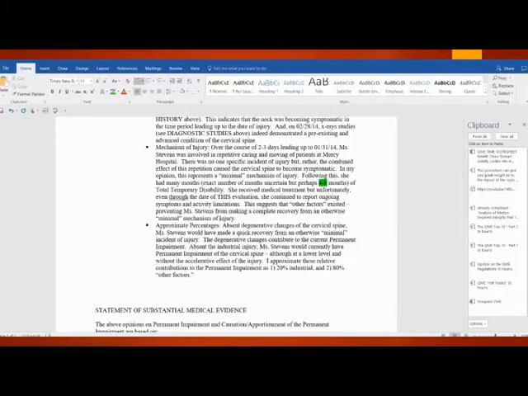Absent the industrial injury, Mrs. Stevens would currently have permanent impairment of the cervical spine, although at a lower level and without the accelerative effect of the injury. I approximate these relative contributions to the permanent impairment as 20% industrial and 80% other factors. And I can state this within reasonable medical certainty because in the time period leading up to the industrial injury, Mrs.